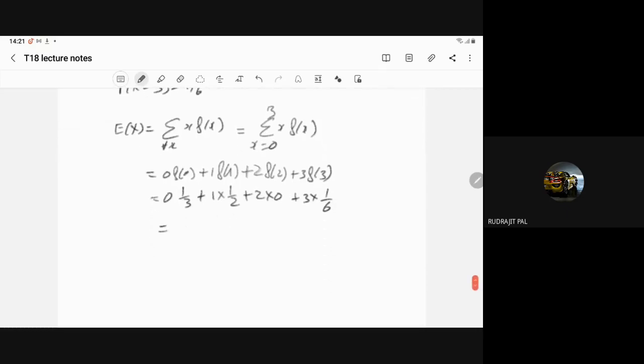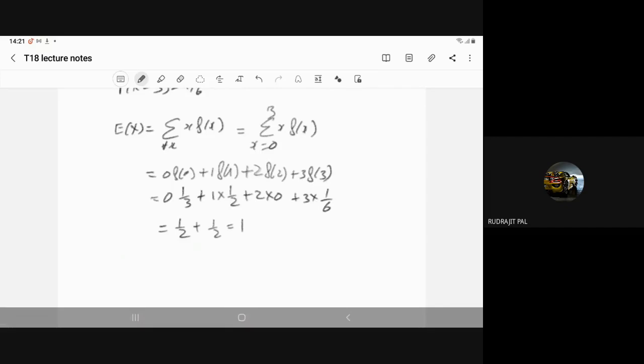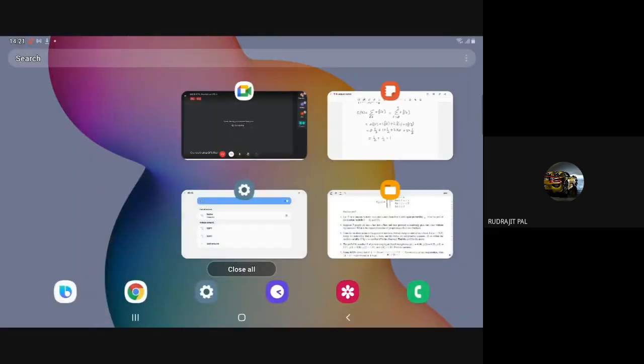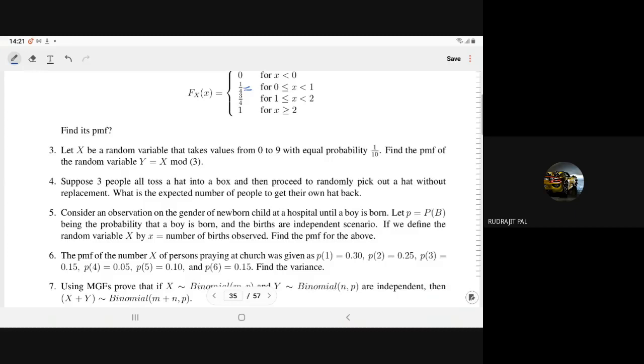This will give you 1 by 2 plus 1 by 2, that is 1. So on an average, one out of the three persons can choose his own hat correctly. That is the way to compute the expectation of the random variable.